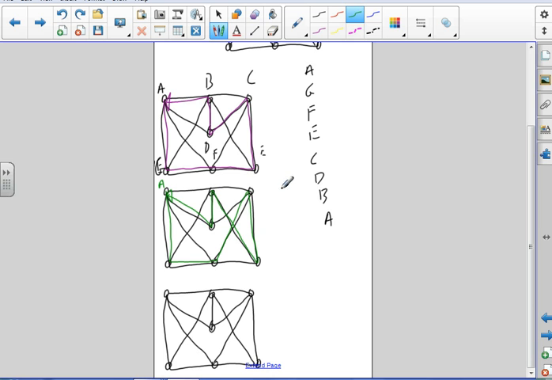And the second one is A, G, F, C, E, B, D, A. Okay, now we need a third one.